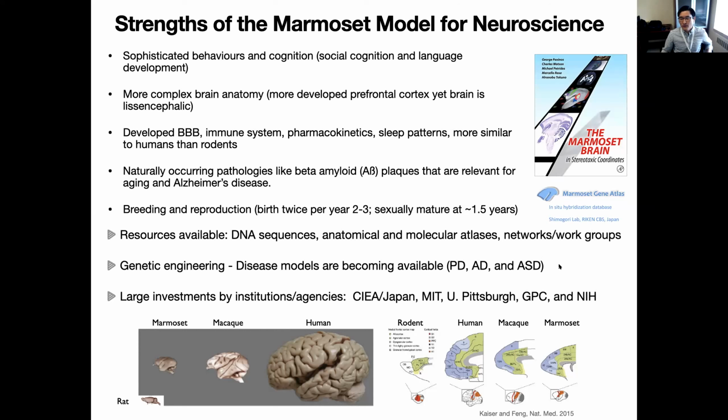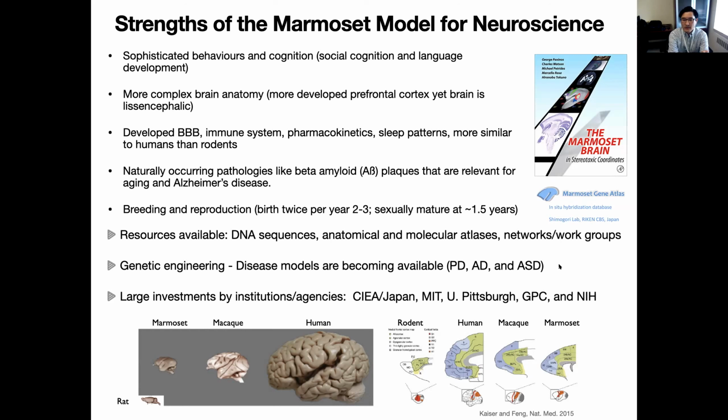And of course, one really interesting facet about marmosets is the ability to do genetic engineering, the ability to insert genetic reporters, but also, for example, genes that carry mutations into marmosets, and to use technologies such as CRISPR-Cas9 and prime editing and other new technologies to introduce genes into the marmoset and potentially create models of disease.